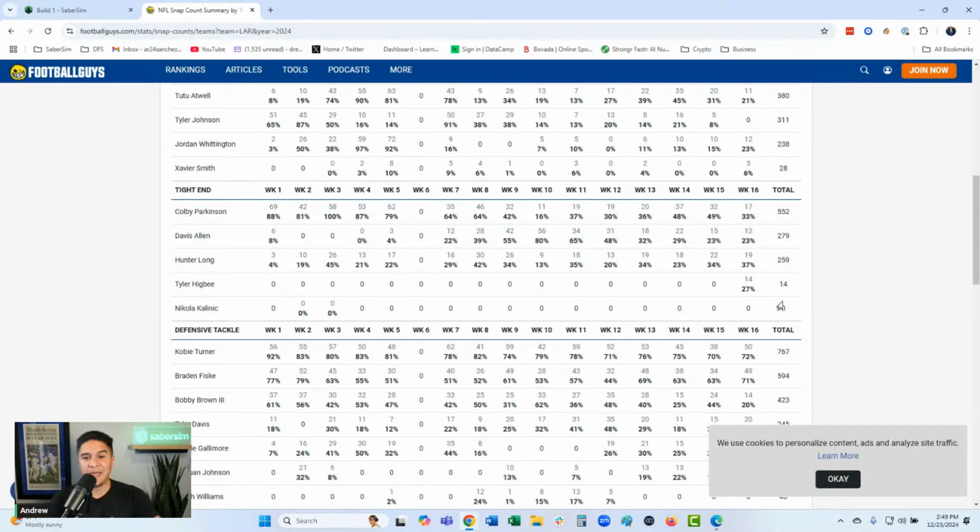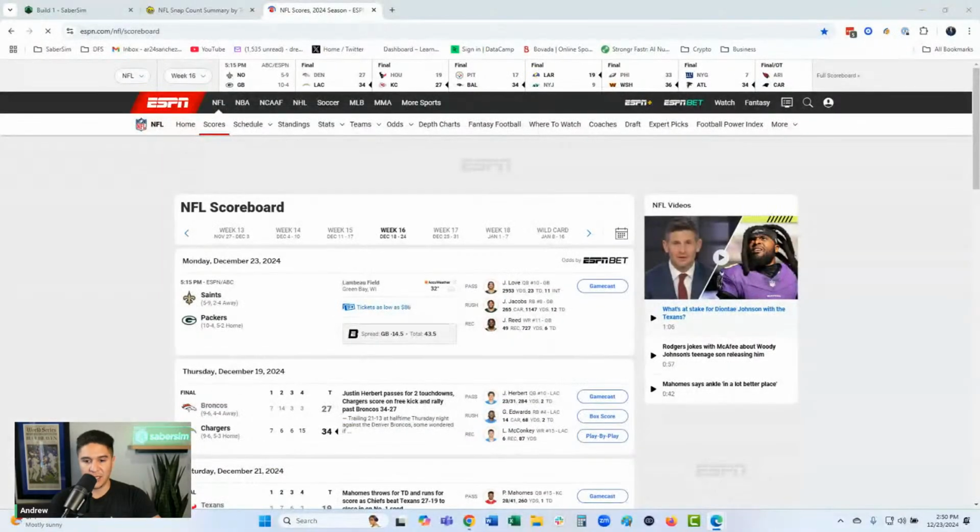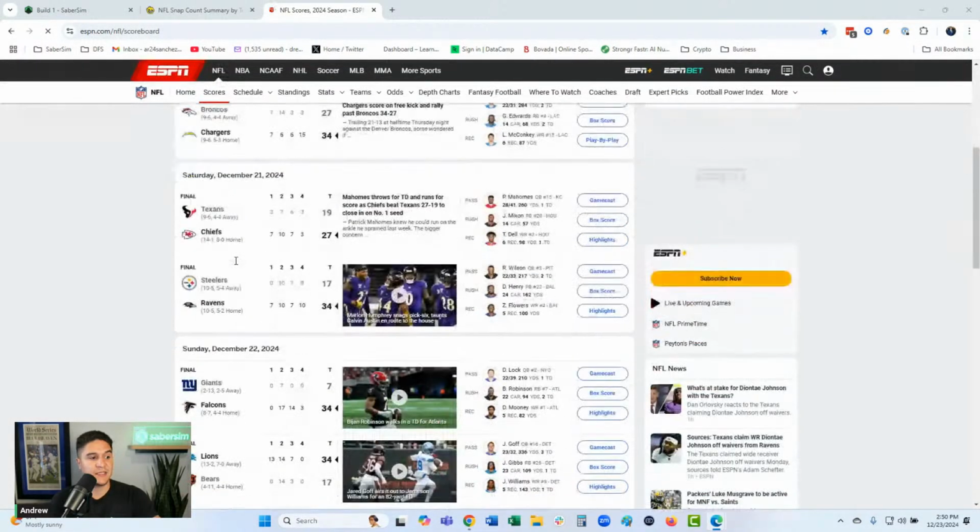How many routes did he run on snaps that he played, right? They could have taken a high value snap approach, where when he's in, he's mostly running routes and not blocking, right? They're going to leave the blocking to some of these other guys.